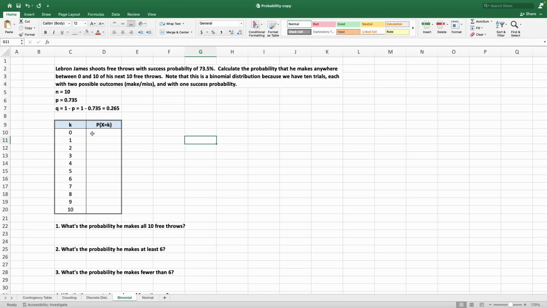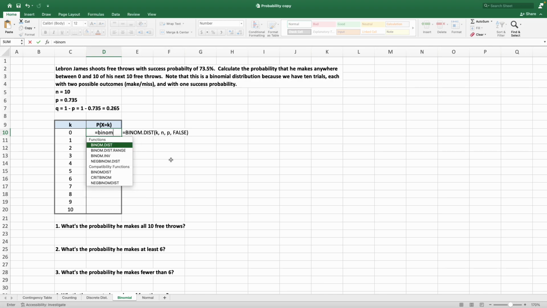Okay, so we want to calculate the probability that he makes 0 free throws. We want the probability he makes 1, all the way up to the probability he makes all 10. So we're going to use the function binom.dist(k, n, p, false). Let's do equals binom.dist.